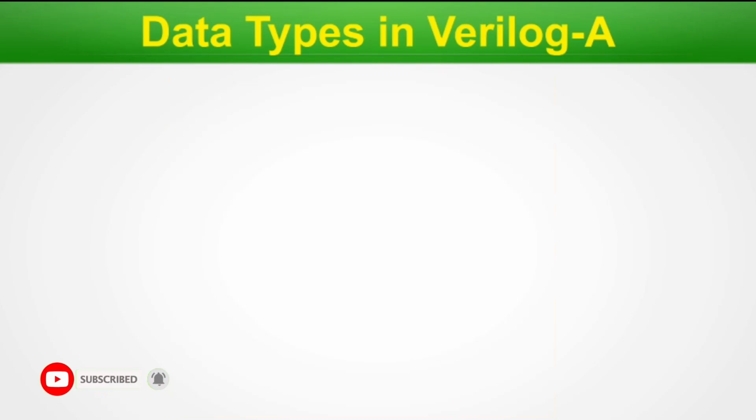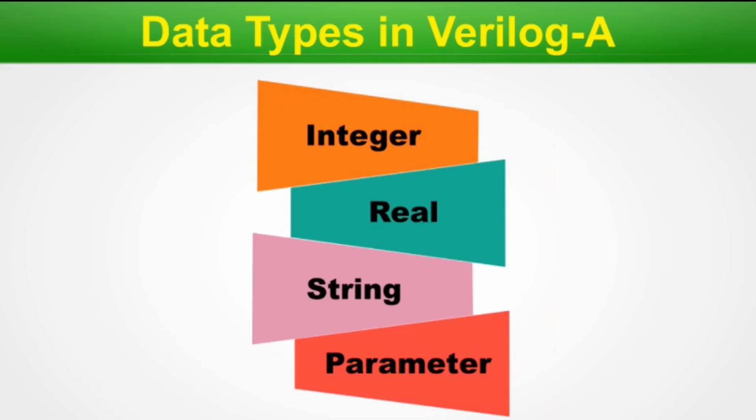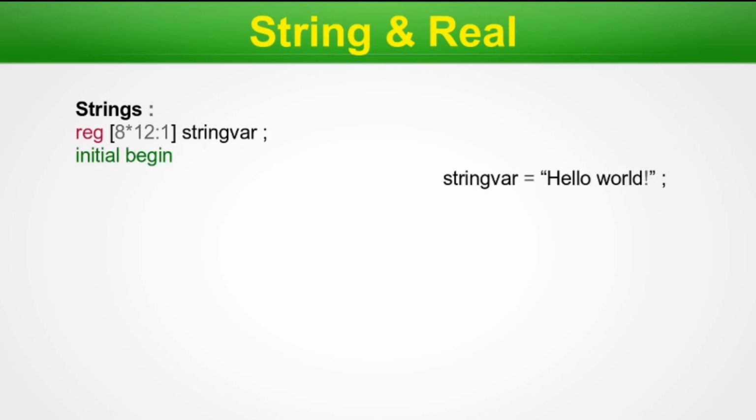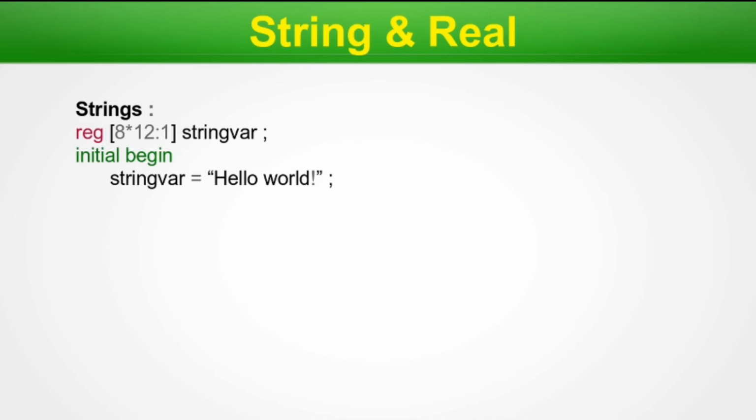In the next section, we are going to talk about all the data types in Verilog-A: integer, real, string and parameter. Let's see how they are. So string and real. Strings. Here we use range to create a string variable, and we can define the string variable here like in initial block string var equal to hello world, and we close it.